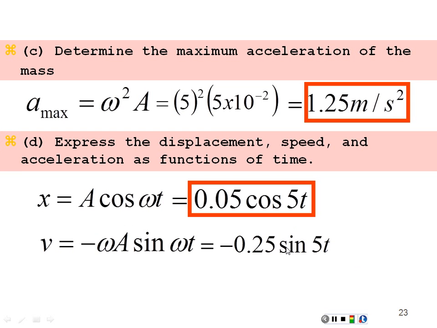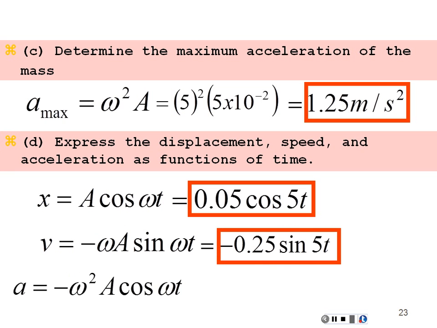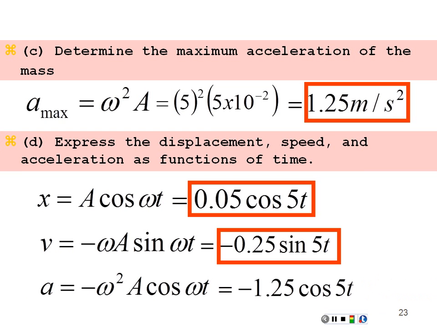I can see that when the sine function is maximum, I get a maximum velocity of 0.25 meters per second, which we already determined to be our maximum velocity. And my acceleration for all time is the derivative of the velocity with respect to time, and that'll give me a negative omega squared A. The derivative of the sine is the cosine function. So I have a negative 1.25 cosine 5t. That's my acceleration for all time.